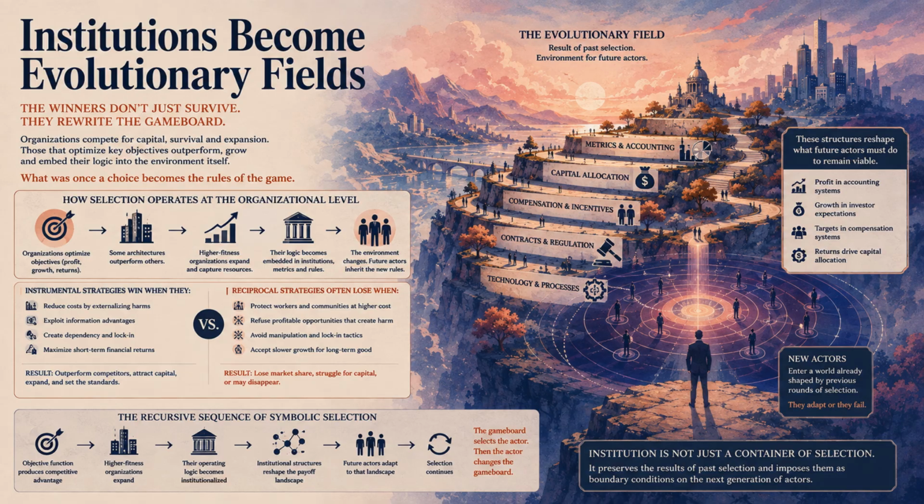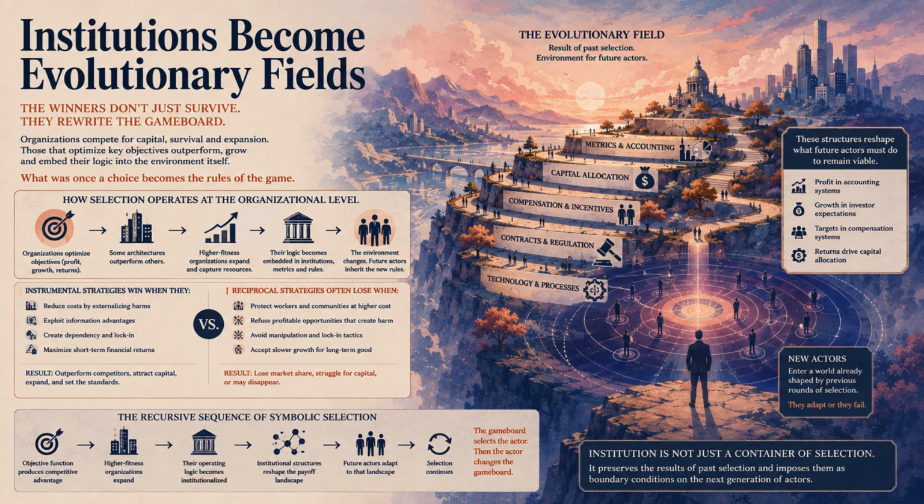But there's a direct example in there about labor. If one firm internalizes worker well-being while competitors suppress wages, outsource risk and externalize health costs, the reciprocal firm can face higher costs and lower margins under weak regulation and mobile capital.